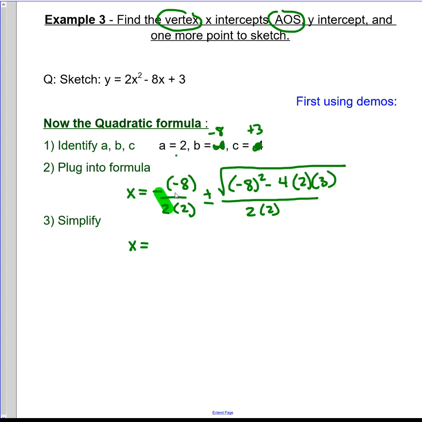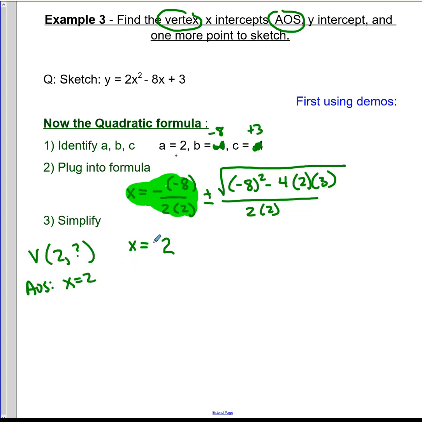This is where we get the AOS. If I do just this part, I'm going to be able to answer these two questions right off the bat. So -8 is +8. 2 times 2 is 4. +8 divided by 4 is 2. So I already know, without going any further, the vertex is 2 comma something, which we could figure out, and the axis of symmetry equation is x equals 2. Boom, right from this.